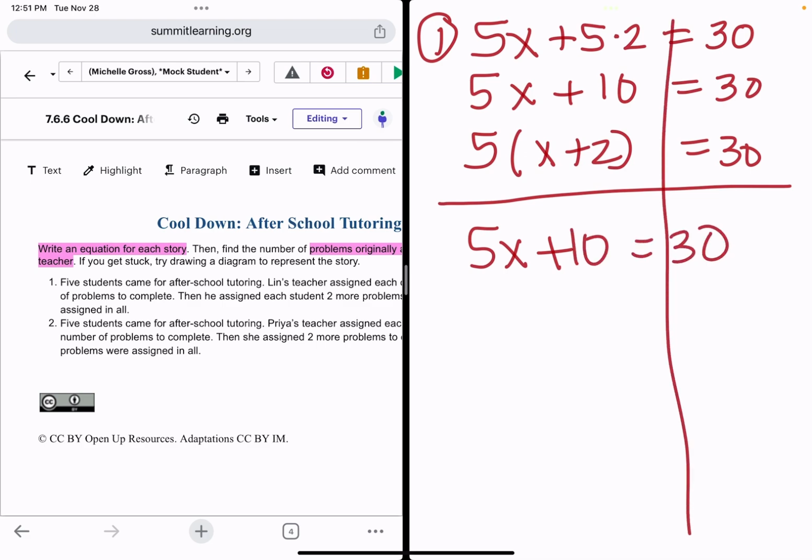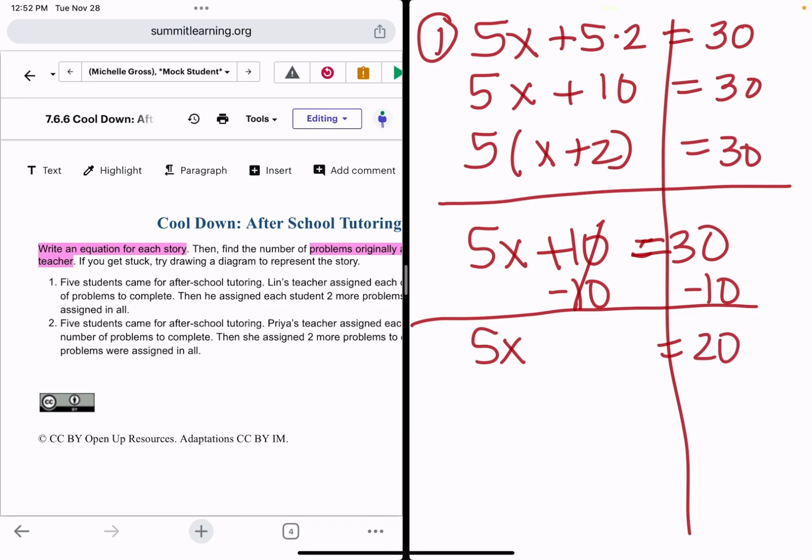So I'm going to draw my little line down here to separate the equal signs. So it's already simplified by doing the distributive property there. And second thing we want to do is get rid of the constant. The constant is plus 10, so we get rid of plus 10 by subtracting 10 from both sides. So 5x equals 20. Now, 20 is the number of problems that Lynn's teacher assigned.